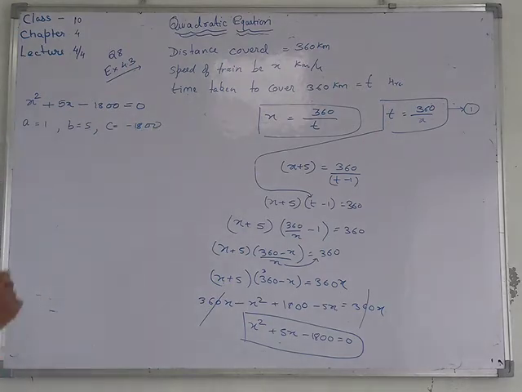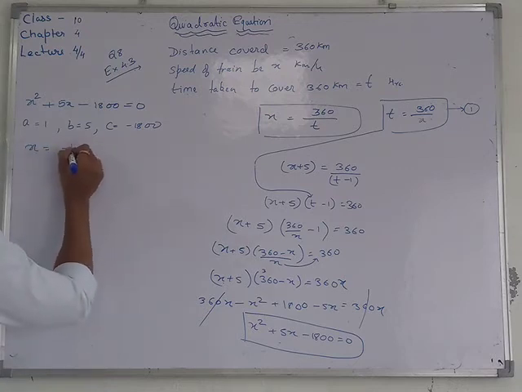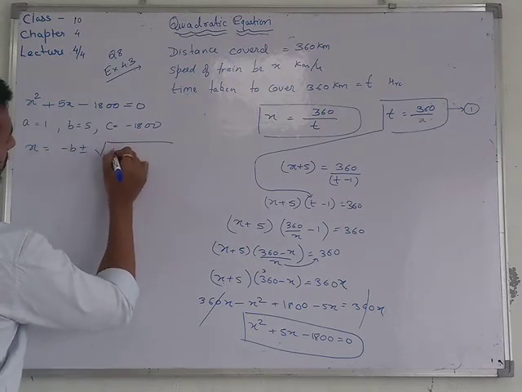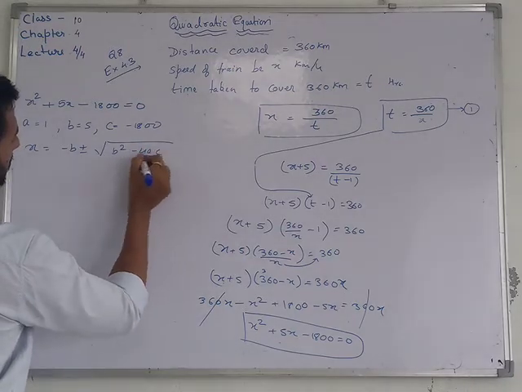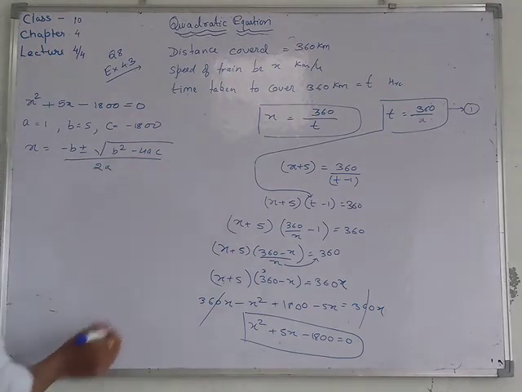Using the formula method, x is equal to minus b plus minus under root of b square minus 4ac upon twice of a.